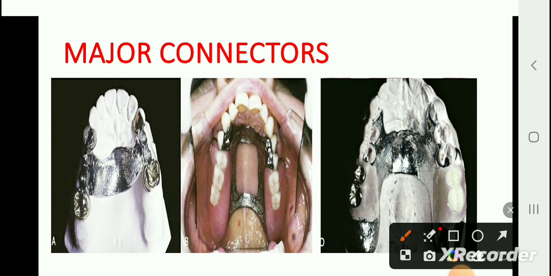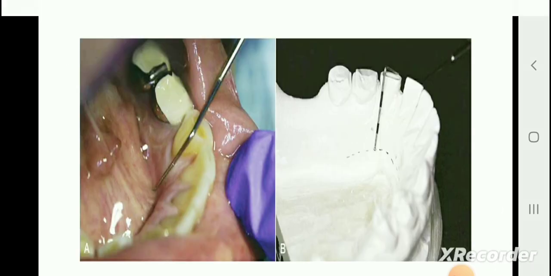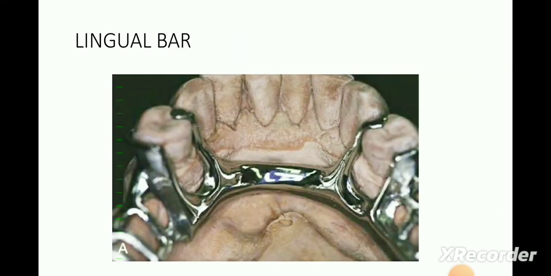And another point is relief must be routinely provided between the mandibular major connector and the soft tissue. So this is the mandibular major connector.